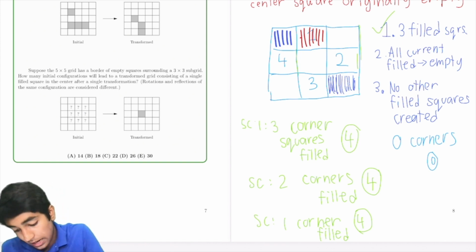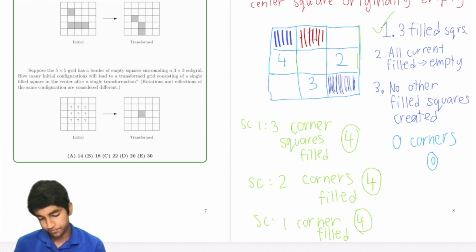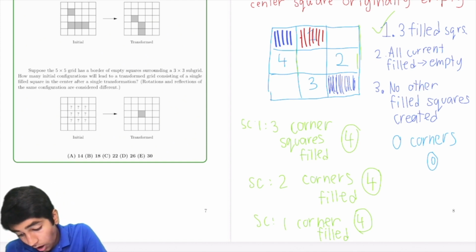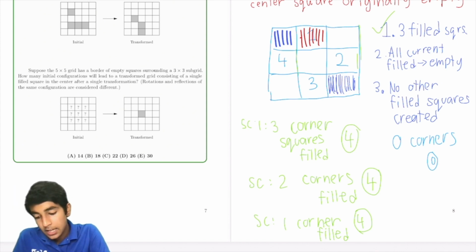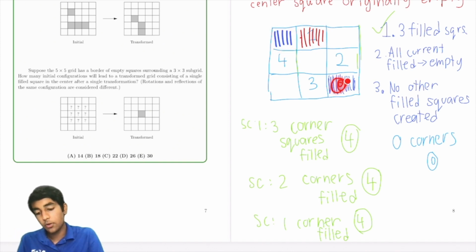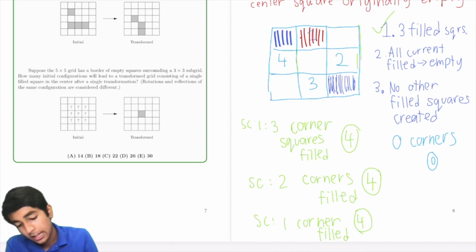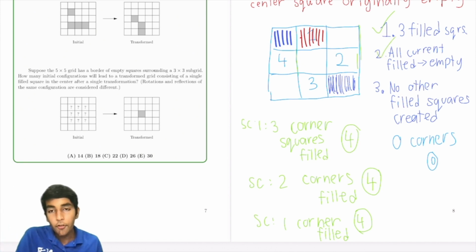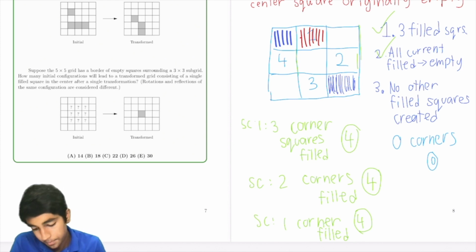Never mind. So if this square is filled, does it work? Well, condition 1 satisfied. Are all current filled squares going to become empty? Yes, because this square has 1 neighbor, this square has 1 neighbor, and this square has 0 neighbors. So condition 2 satisfied.